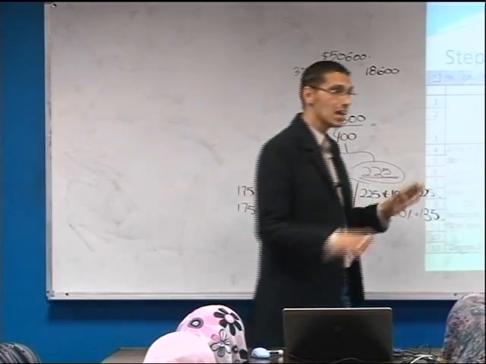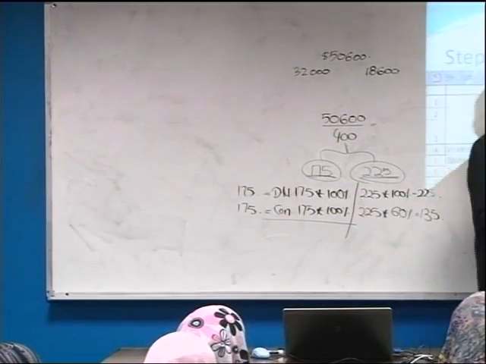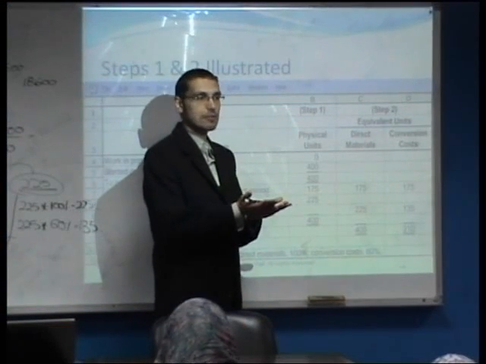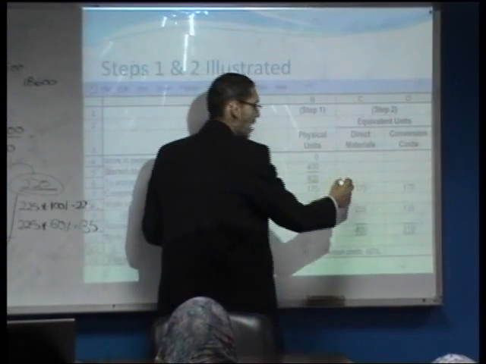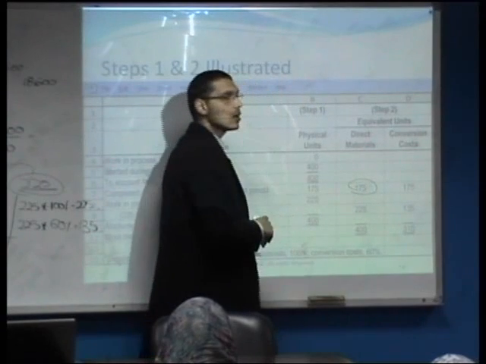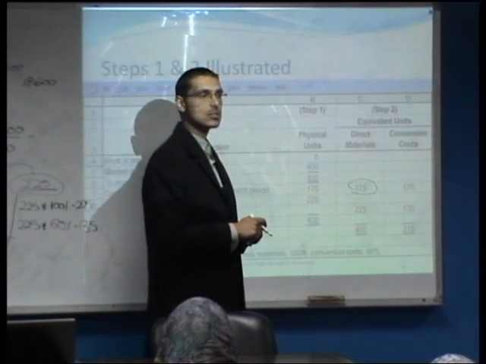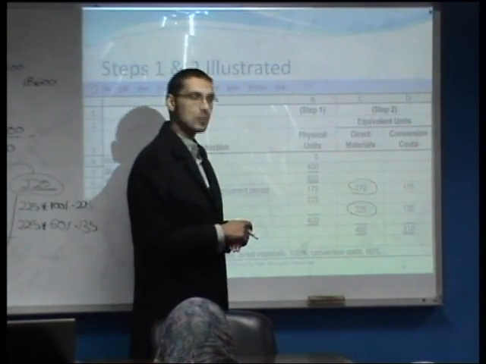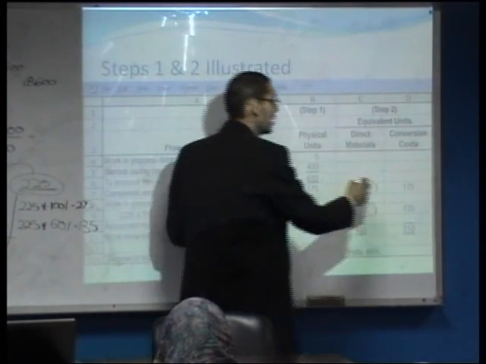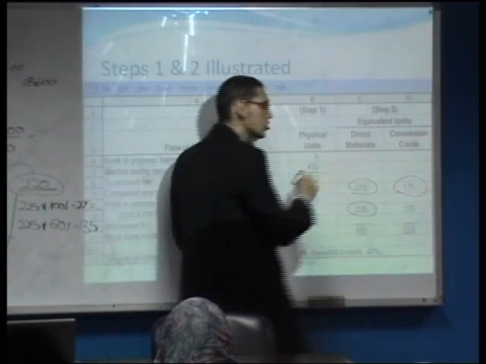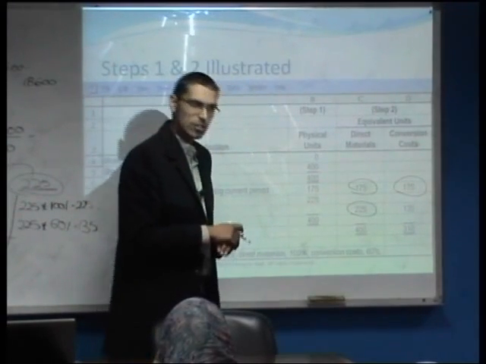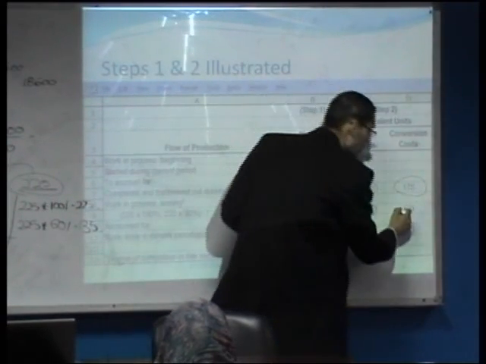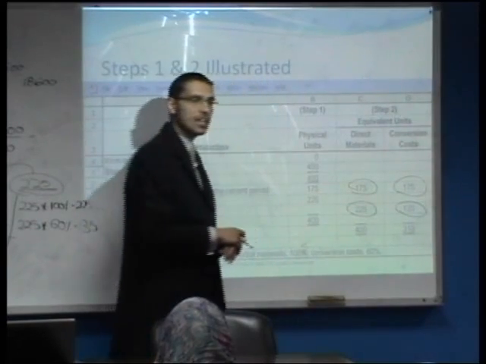Any questions? Therefore, as we can see here, now we would have this common metric. The 175 are complete units. The 225 are complete units. The 175 for the conversion costs are also complete units. The 135 are also complete units.